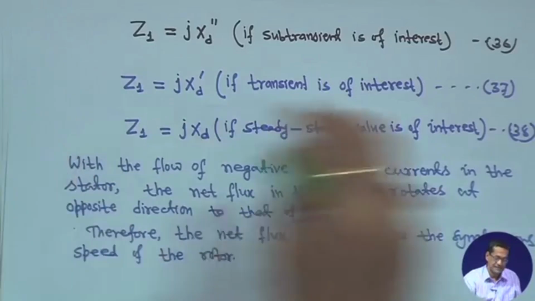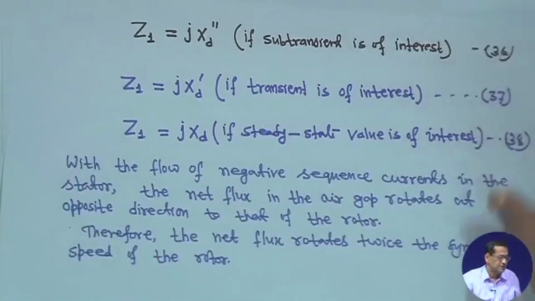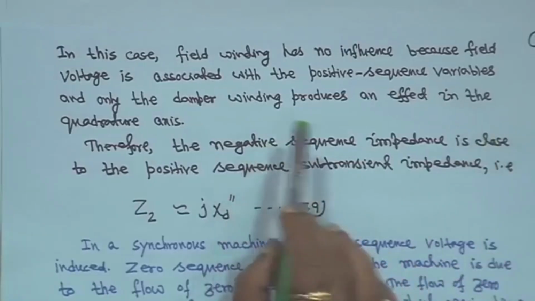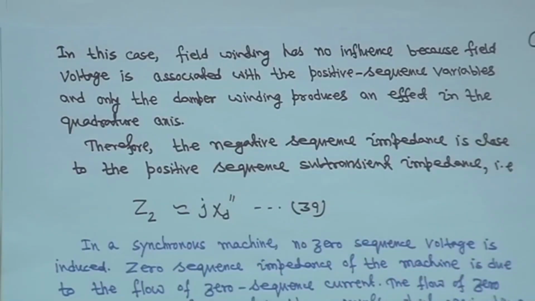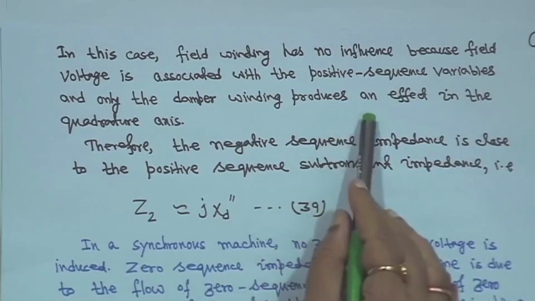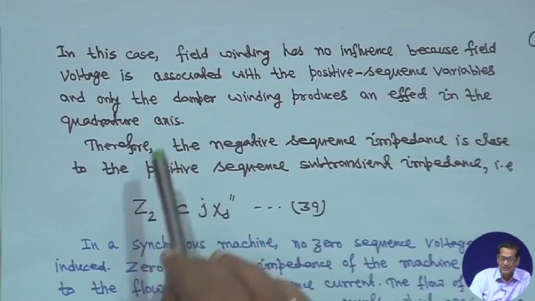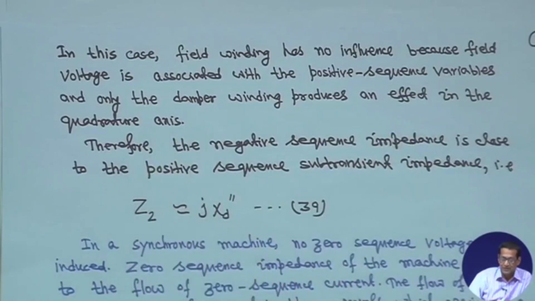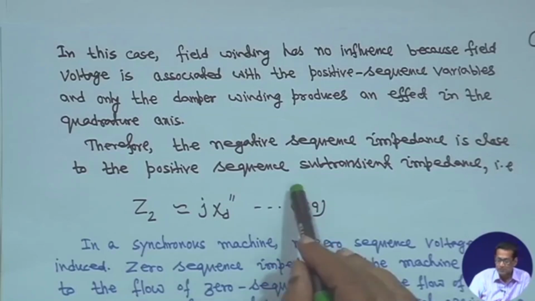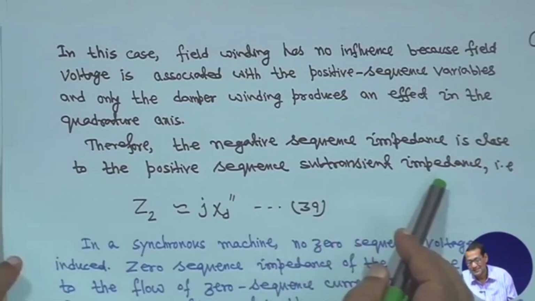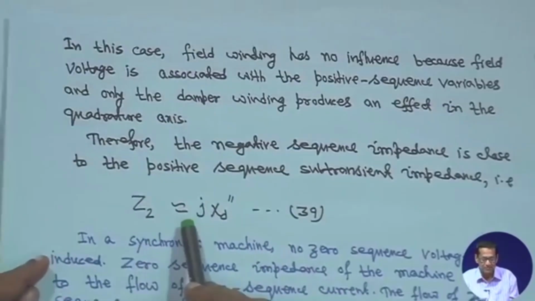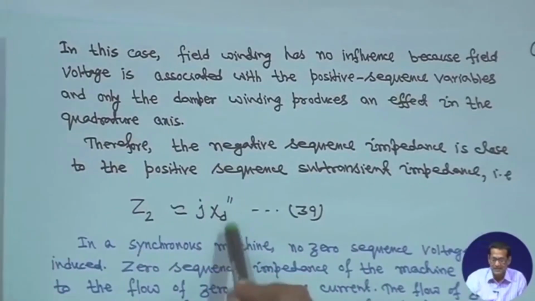In this case, the field winding has no influence, because field voltage is associated with the positive sequence variables, and only the damper winding produces an effect in the quadrature axis. Therefore, the negative sequence impedance is very close to the positive sequence subtransient impedance. For example, Z2 is approximately equal to jXd double dash.